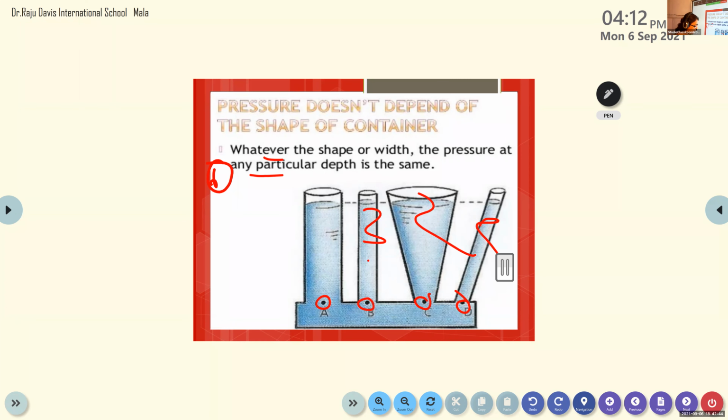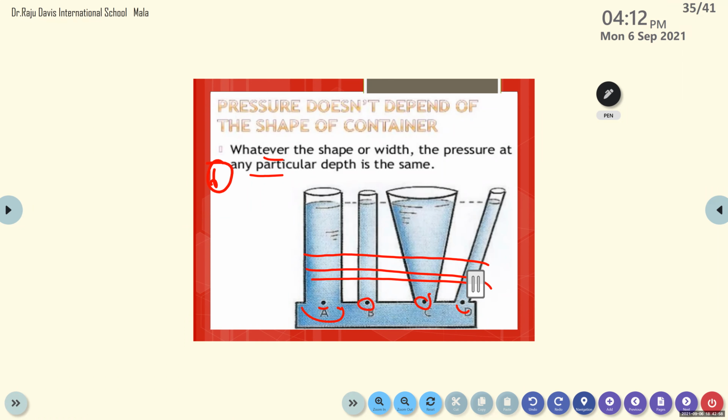Now you open this tank. Naturally, what will happen? All the water will flow into here, here, here, till what time? Till the level of the water is the same everywhere. Even though the shape is different, it will fill to the same level. That's why we say fluid can flow or take the shape of any container.